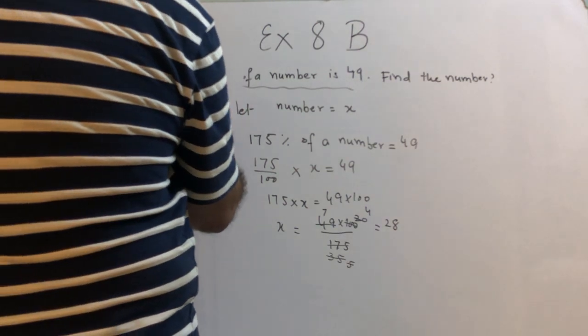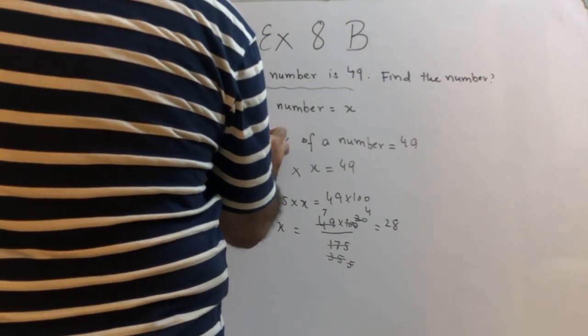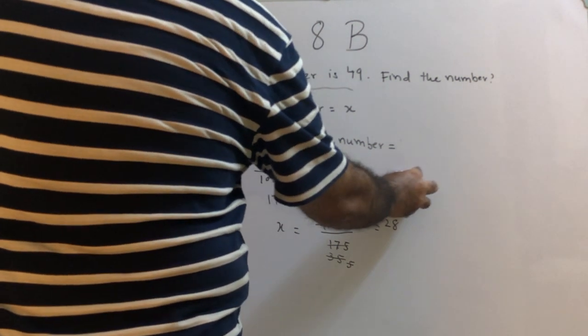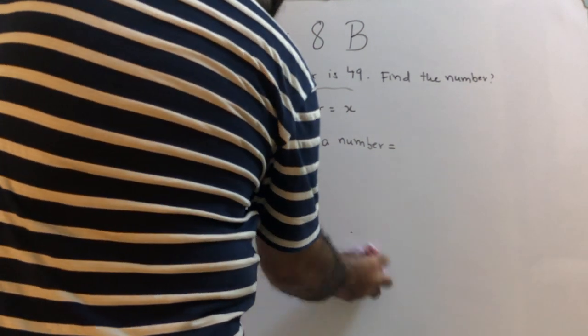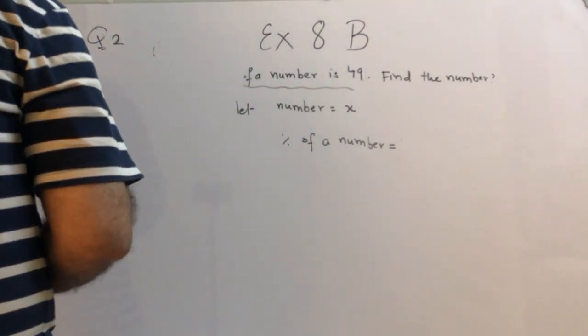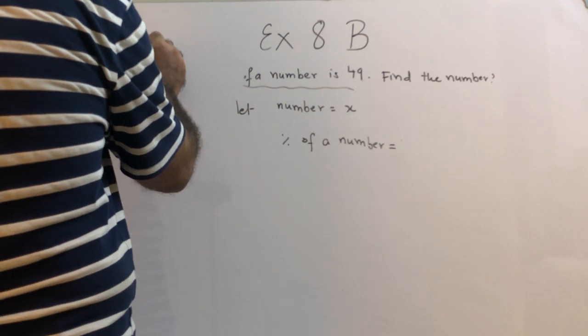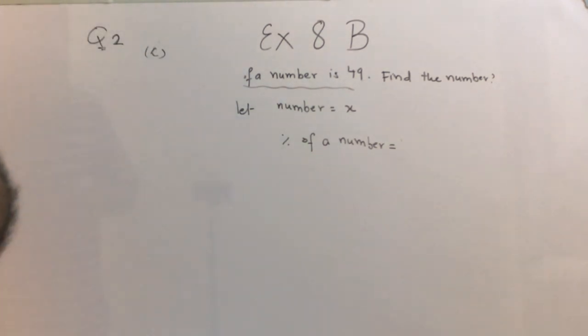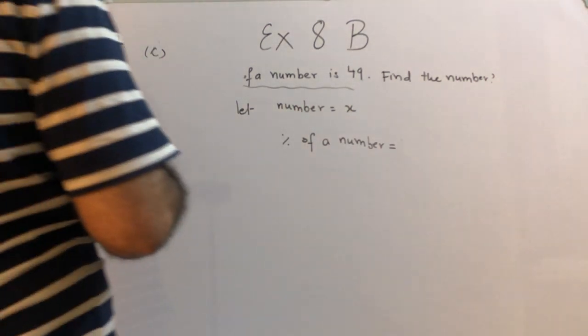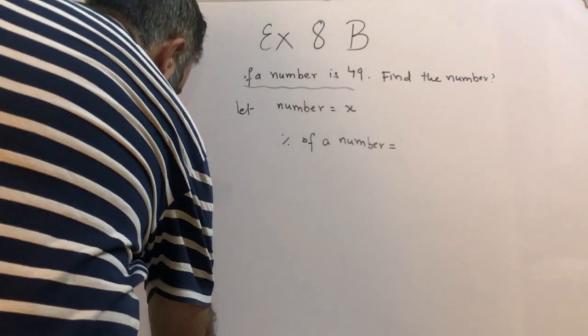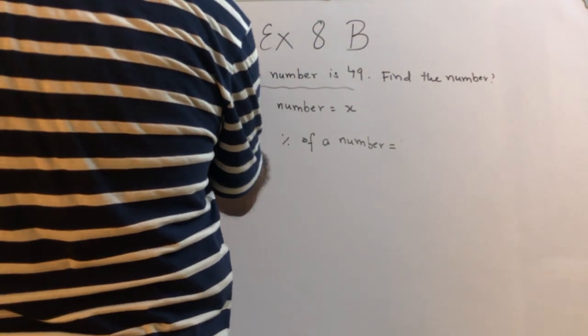Now we will move ahead and we will see what is there in part C. Part C says the result of a number when decreased by 15% is 161. Find the number. So we don't know the number. Here the statement will be different.